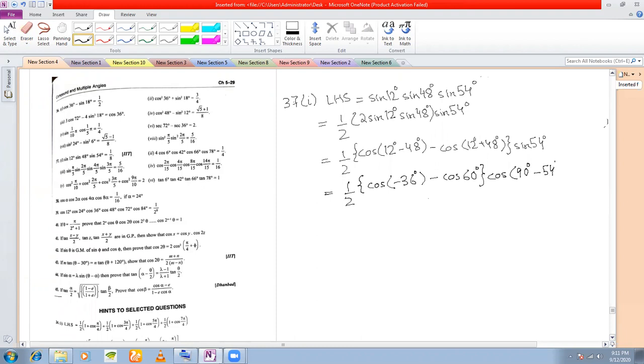I'm changing everything to cos. So this is half, and cos of minus theta is cos theta. Therefore, this can be written as cos 36 degree minus cos 60, which is half, times cos 36 degree.